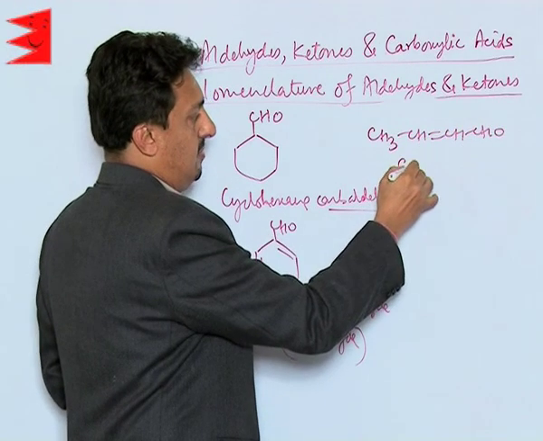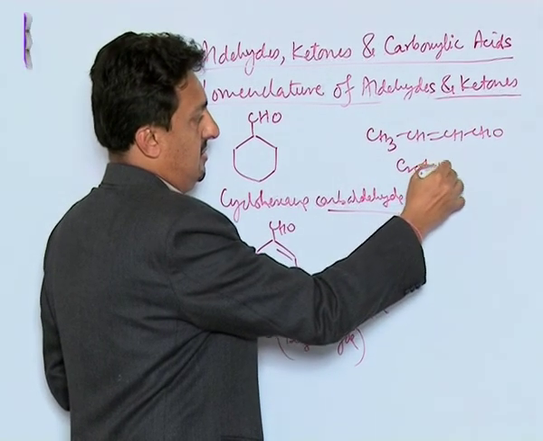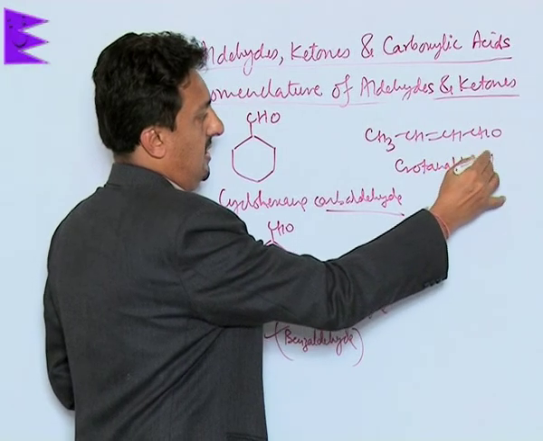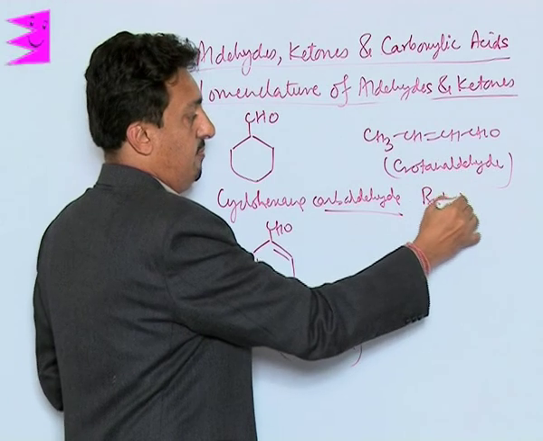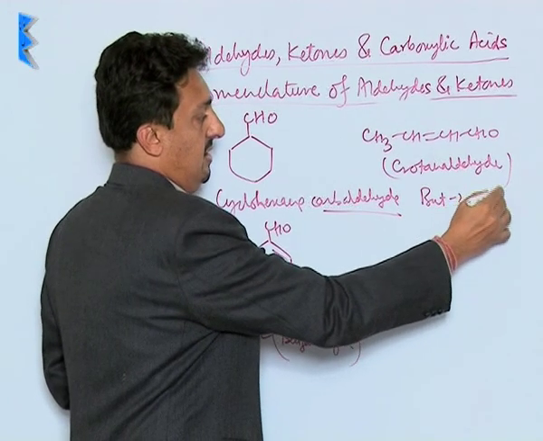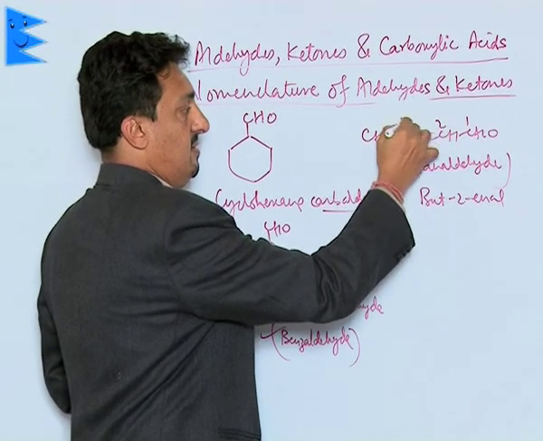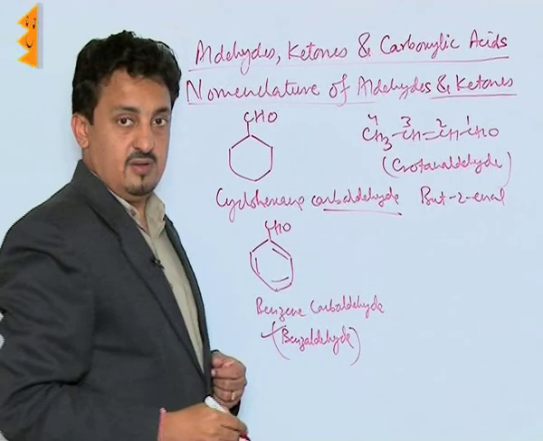This is called in common language crotonaldehyde, whereas in IUPAC this is called butenal because the second carbon contains a double bond.